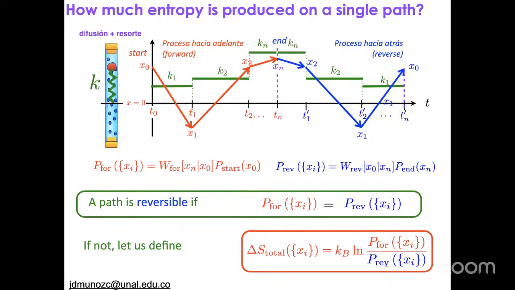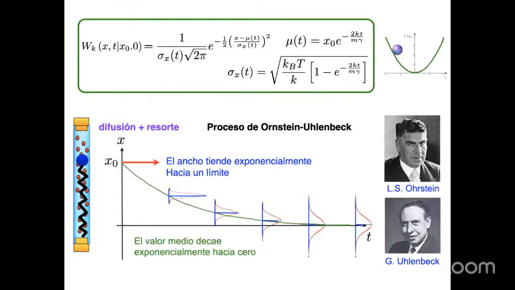And that's all. If you accept that, I can derive a lot of things. So the trick is good. Okay, so let's start by saying that in the case of a spring in a thermal bath, these transition probabilities are well known.